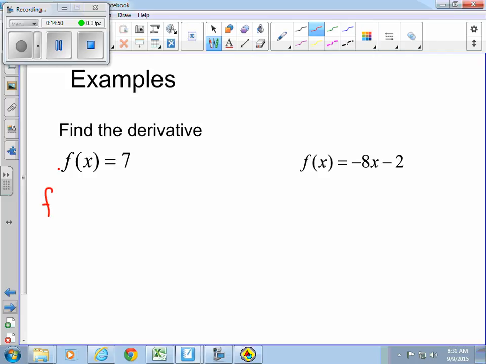I know that f prime of x is the limit as h approaches 0 of f of x plus h minus f of x, all over h. What is f of anything if our function is 7? What's f of 10? What's f of a million? What's f of smiley face? So what's f of x plus h? 7. What's f of x?